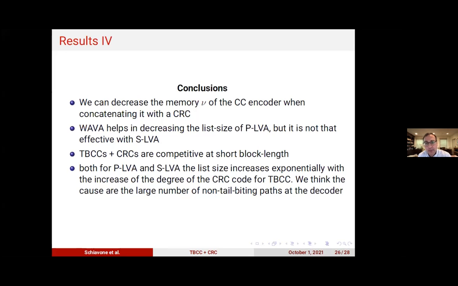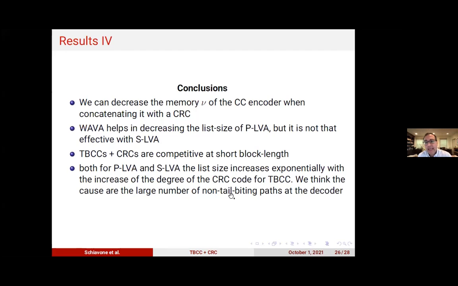If you have that perspective, the number of non-tail biting paths doesn't change. But if you let the message grow with the CRC, then the total number of convolutional code words is just growing. Do you understand that distinction, Riccardo? Not sure.